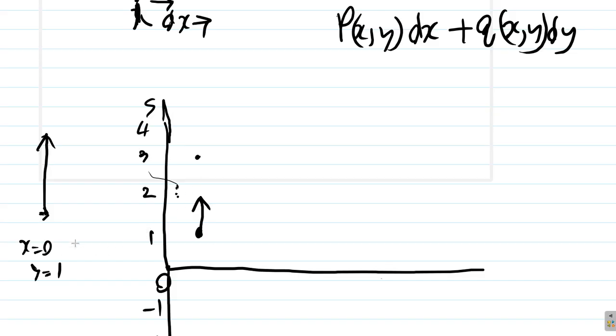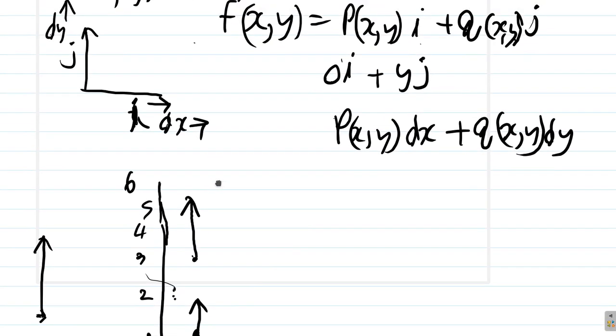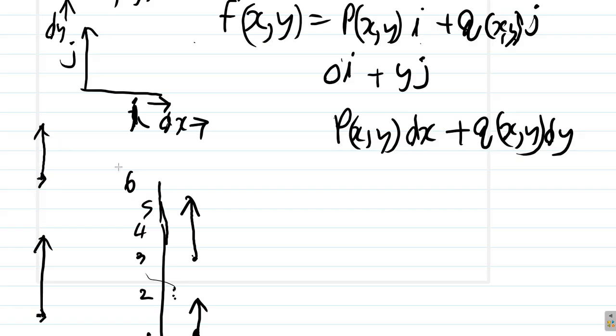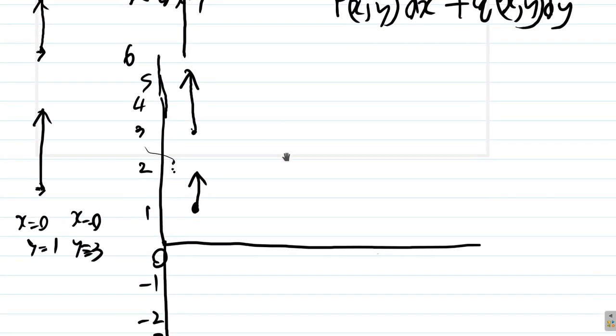What happens at 3? Well, at 3, x is 0 and y is 3. So this must be 1, 2, 3 units long. If you had 6 up here, 0y means 0, 6. So it's 0 in the x direction and 6 in the y direction. So this would have to be 1, 2, 3, 4, 5, 6. Right? At this point, same thing happens. So as you go up, the vectors get longer and longer.